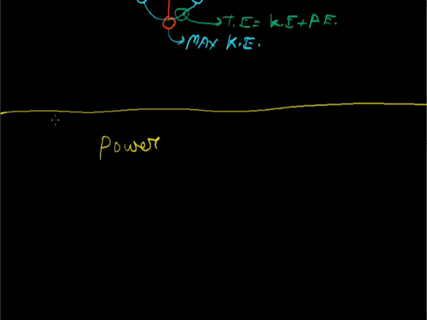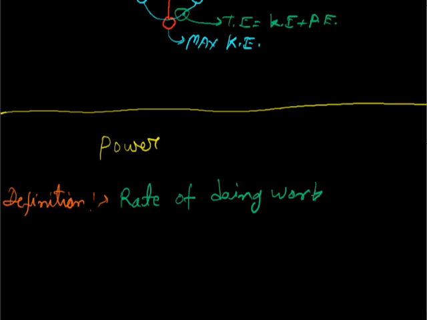So the definition of power is rate of doing work. It means work done per unit time by a man or a machine is called the power of the man or the machine. It is represented by the symbol P and it is a scalar quantity. So the expression of power, how to calculate? Power is equal to work upon time.